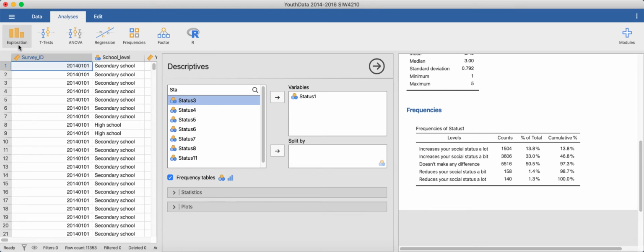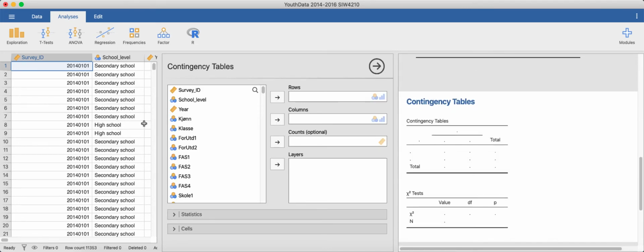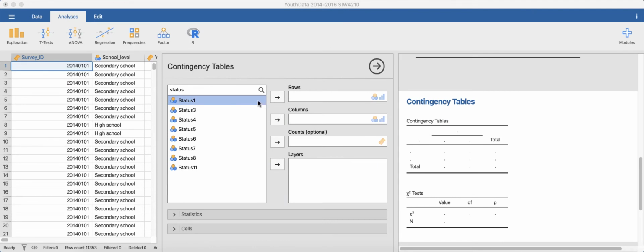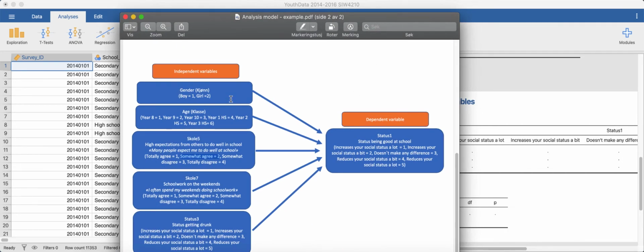So let's do that. We go to frequency, we go to independent samples, and then, as I said, I have status 1 as my independent variable, and I can just take this over there, and I put that over in columns, and then I put my independent variable, and I'm going to be looking at whether there's a difference between boys and girls as to the status of being good at school.